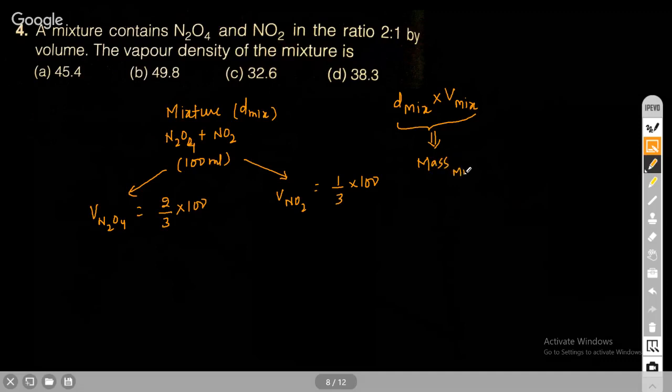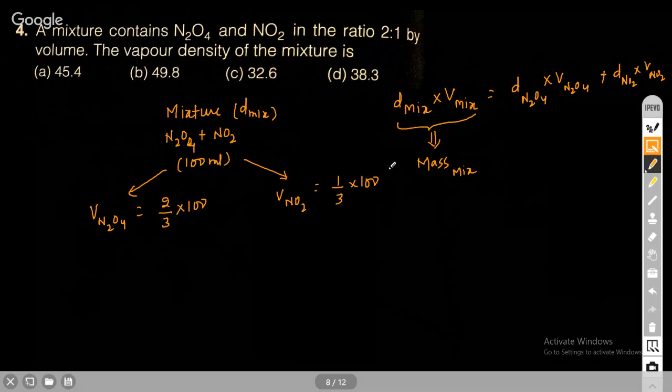Mass of mixture is equal to the density of N2O4 into volume of N2O4 plus density of NO2 into volume of NO2. This is the equation we have. Total mass of N2O4 plus mass of NO2 is nothing but the mass of mixture.